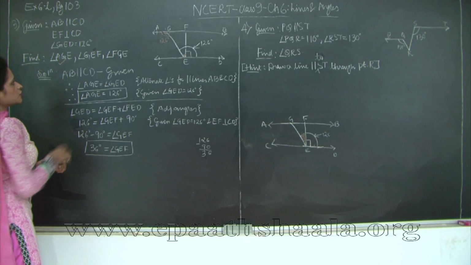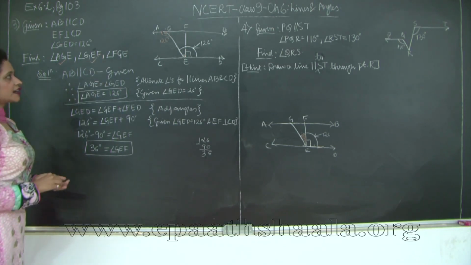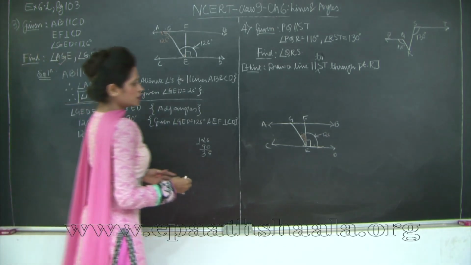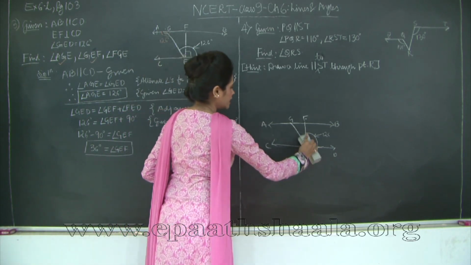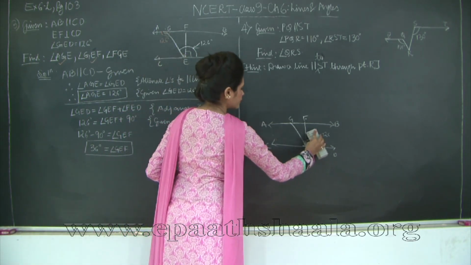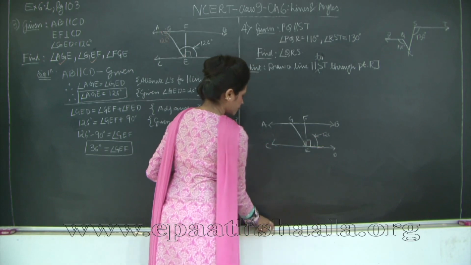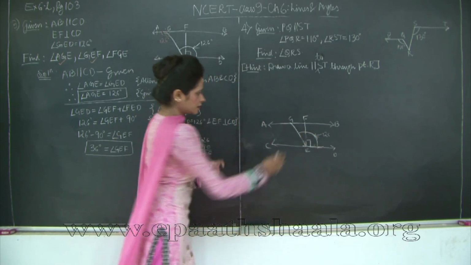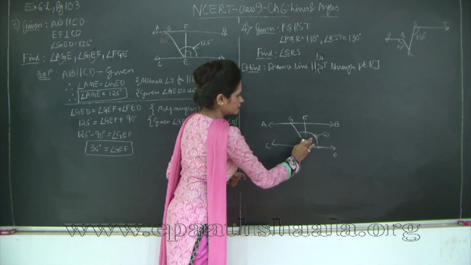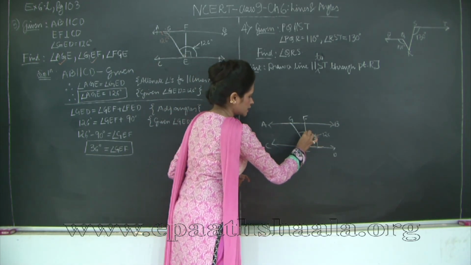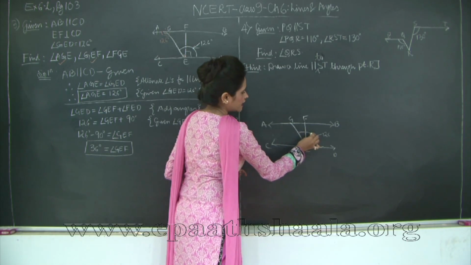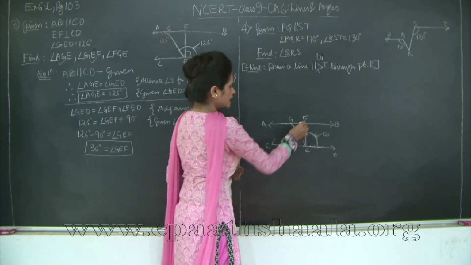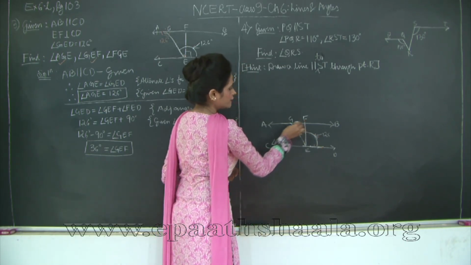So we have found the measure of angle GEF. Let's find out FGE. So we now need to find angle FGE. So let us ignore this section now. I have this entire angle as 126 degrees. I need to find the measure of angle FGE.